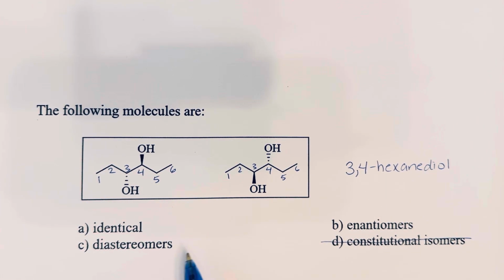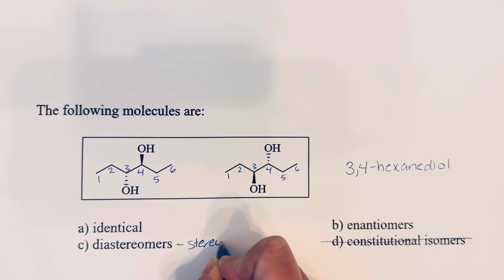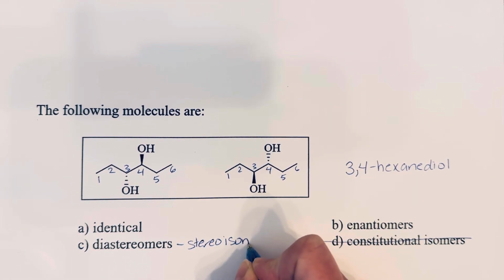So what we are left trying to decide is whether these molecules are identical to each other or if they are some sort of stereoisomer. I'm going to consider diastereomers first. These would be stereoisomers that are not mirror images.